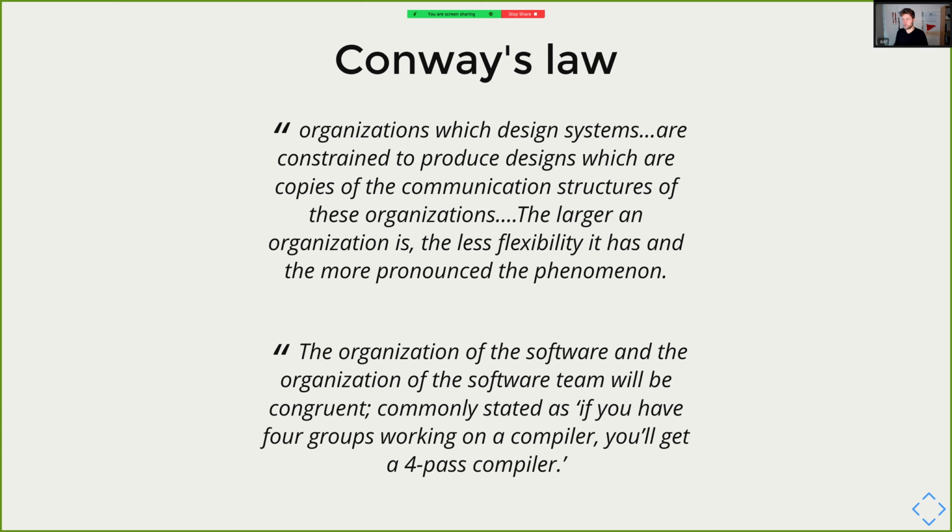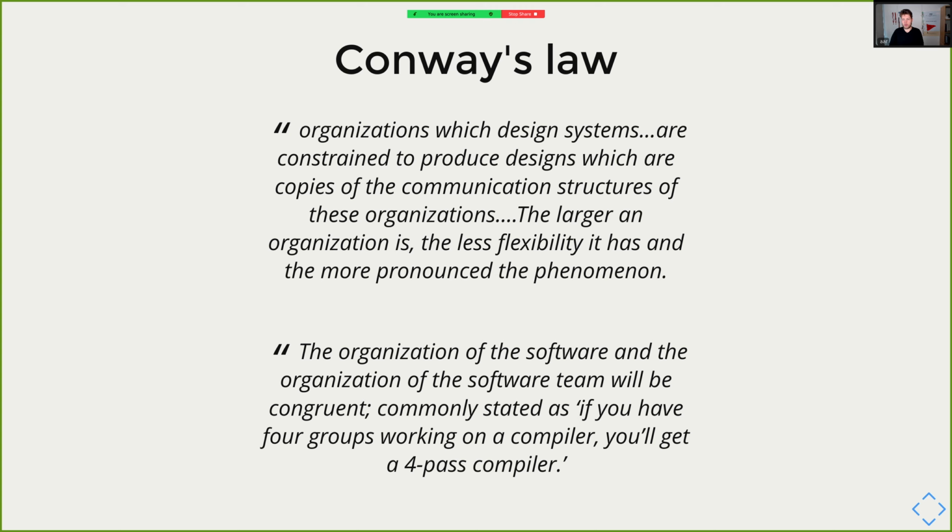One group was four people, one was three, and one was two people. Each group was supposed to create a compiler. And when everything was done, they noticed that the four-person group created a four-way compiler, the three-person group created a three-way compiler, and the two-person group created a two-way compiler. So the system mirrors the structure of how we work.